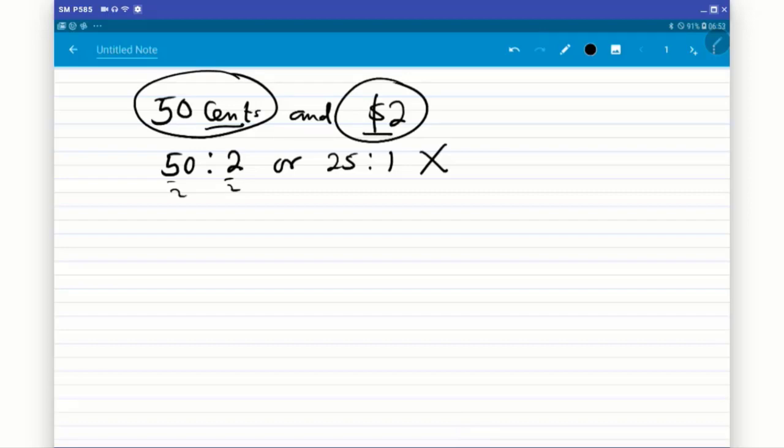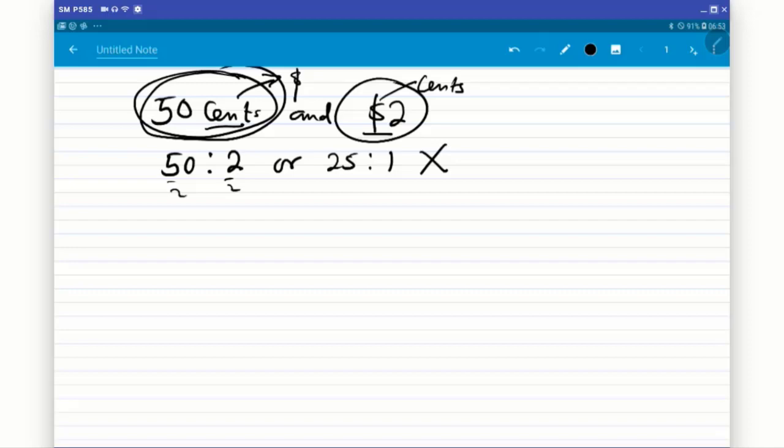Even though the two are currencies of the same country, these quantities are not in the same unit. So it is either we change this to dollars or we change this to cents, so that they will be in the same unit. To make it easier, I can decide to turn this one to $1.